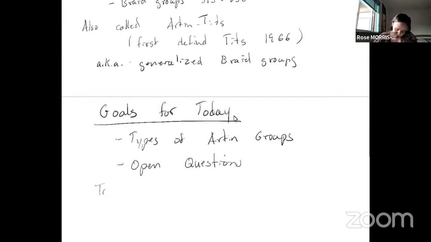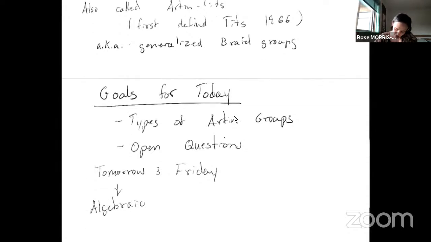And then tomorrow and Friday. Tomorrow is going to be algebraic questions, and then Friday will be geometric questions.